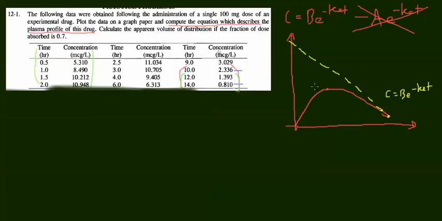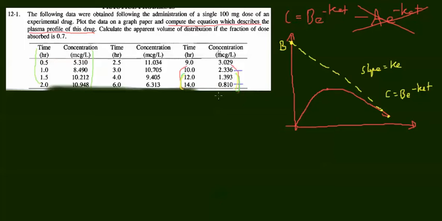The cool thing now is that we can find B and we can find KE, because this point is the y-intercept and that's B, and KE is just the slope of this line. So slope is equal to KE. And how do you find slope using 2 points?